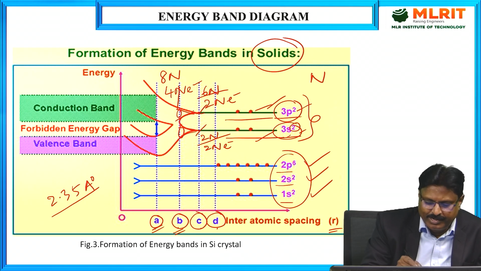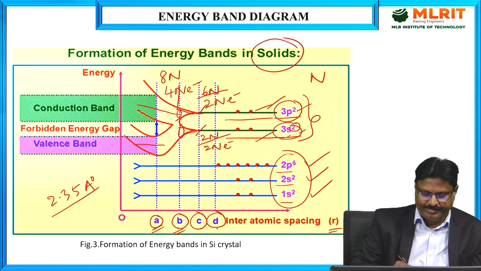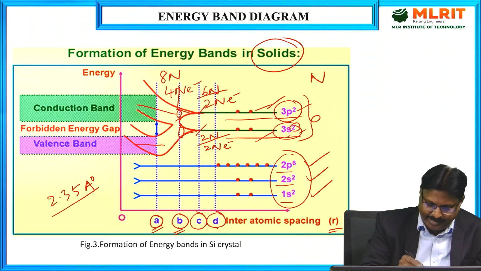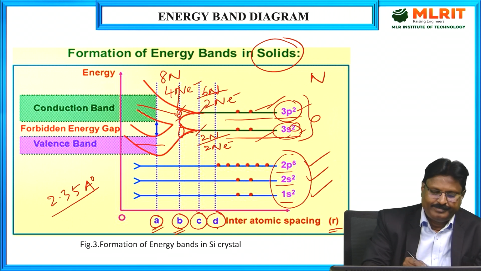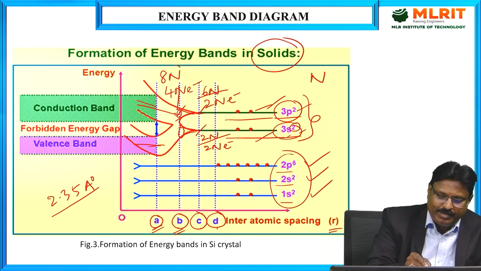After merging, they are separated equally into two bands. So first they are split and then combined, and here they are separated equally.